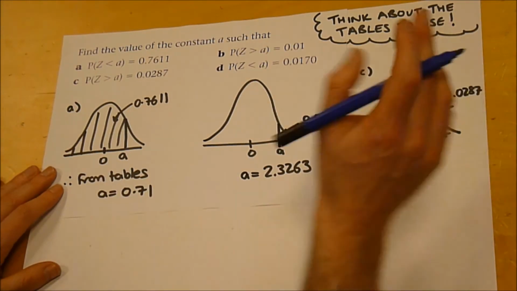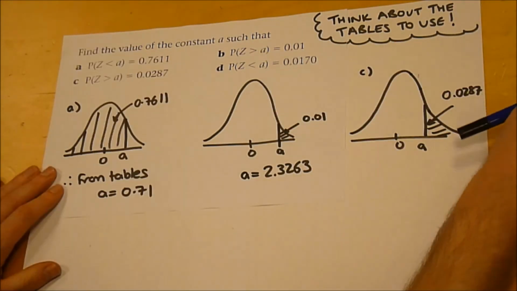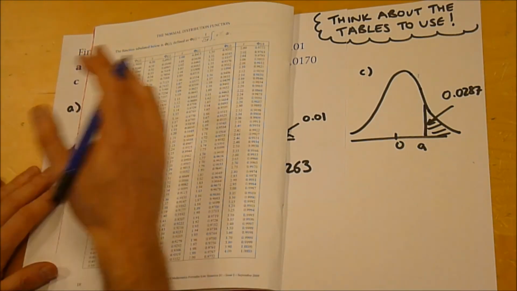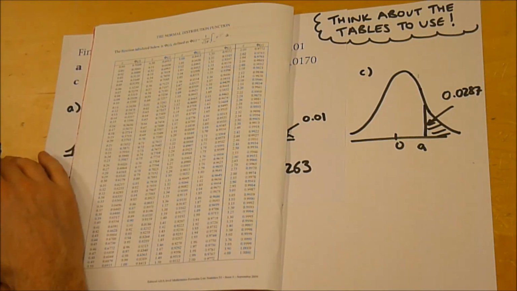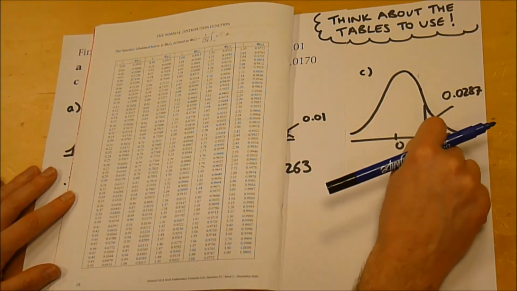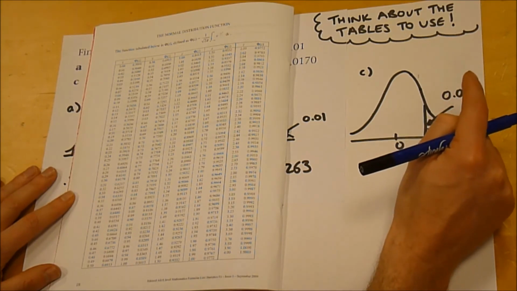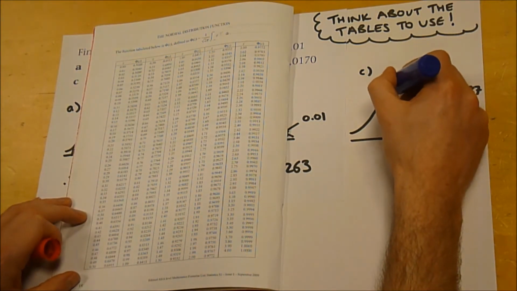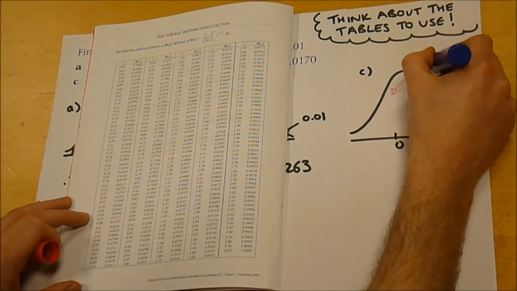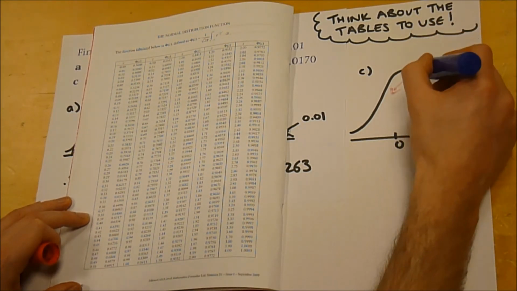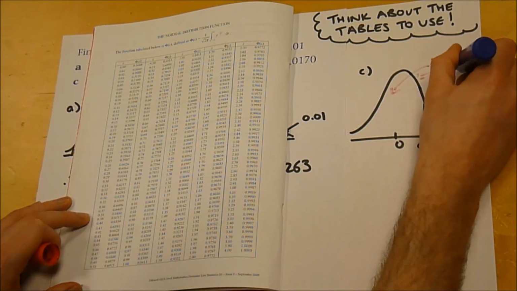Now, this isn't a very nice value. So we want to use this version of the tables. But remember, our normal version of the tables tells us the probability that Z is less than this value. But we want the probability it's bigger than. So if this has an area of 0.0287, we know that this has an area of 1 minus that, which comes out as 0.9713.